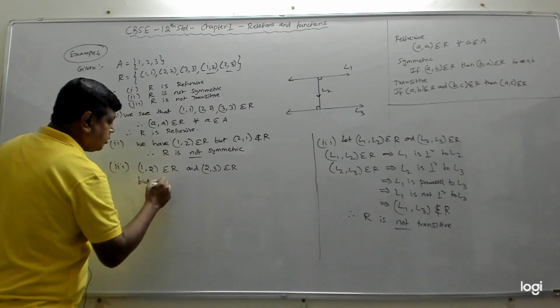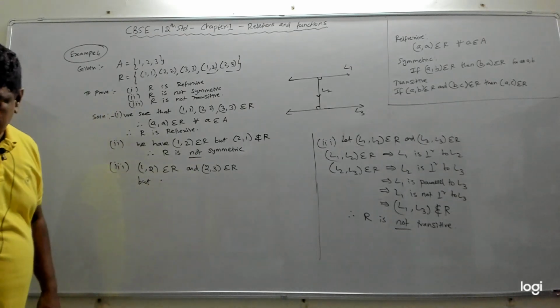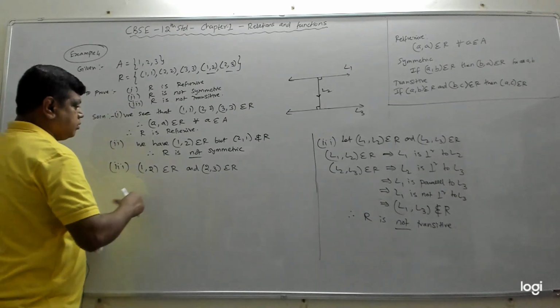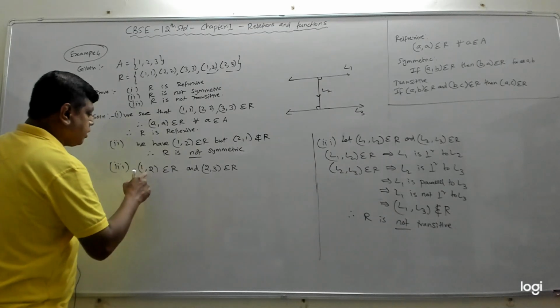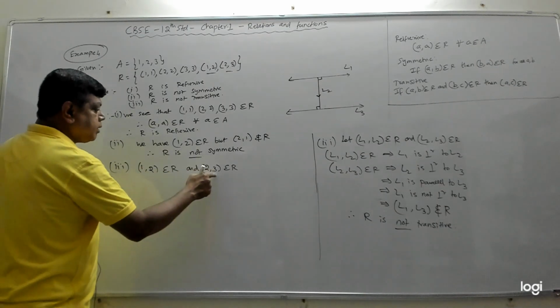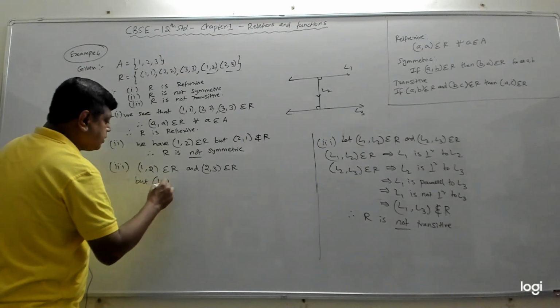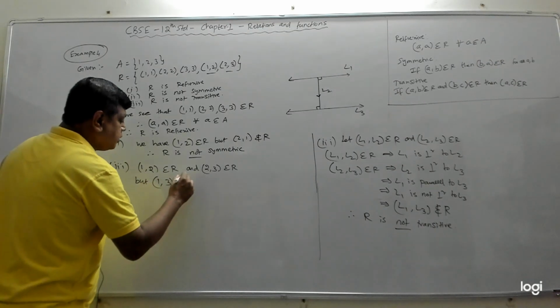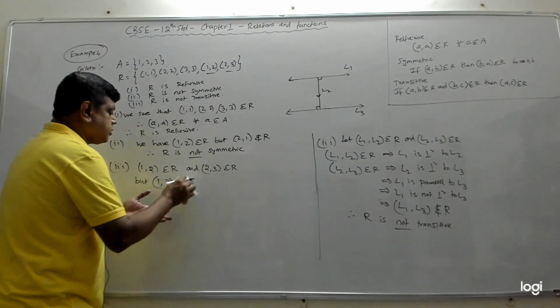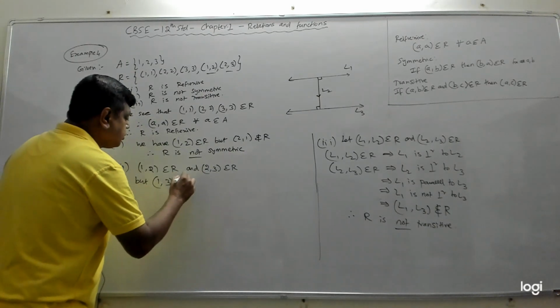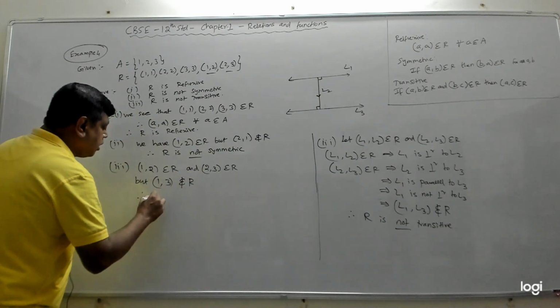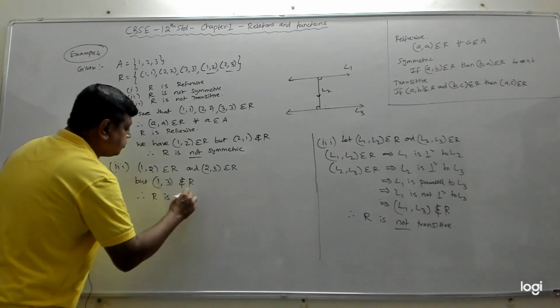But 1 comma 3, which is A comma C, does not belong to R. Therefore, R is not transitive.